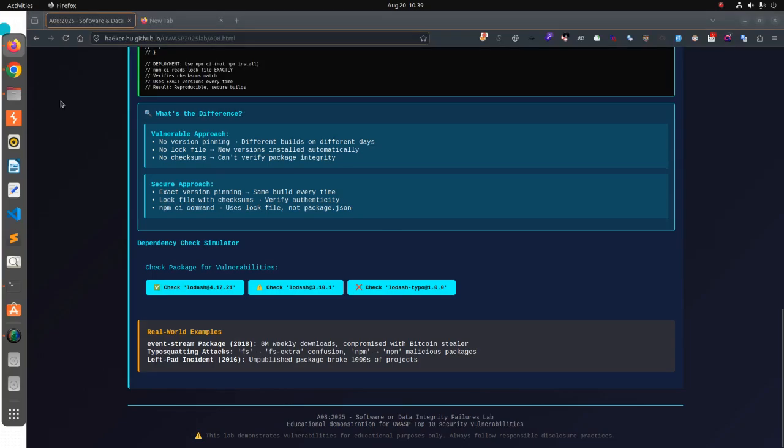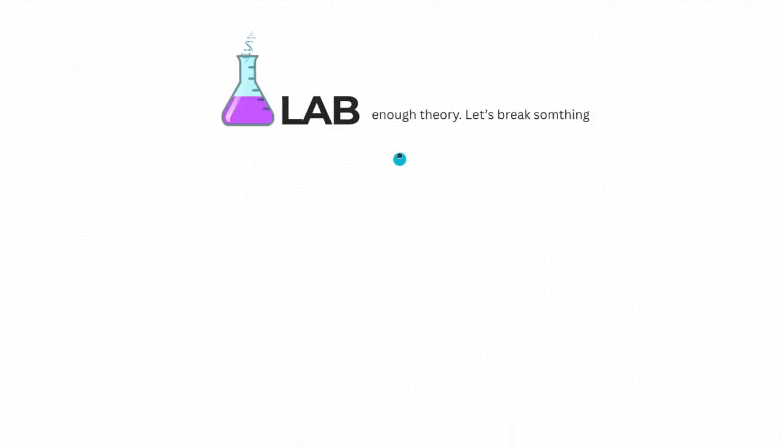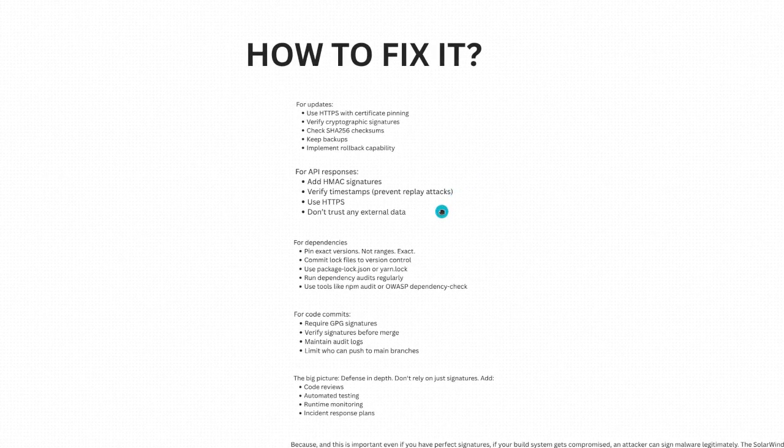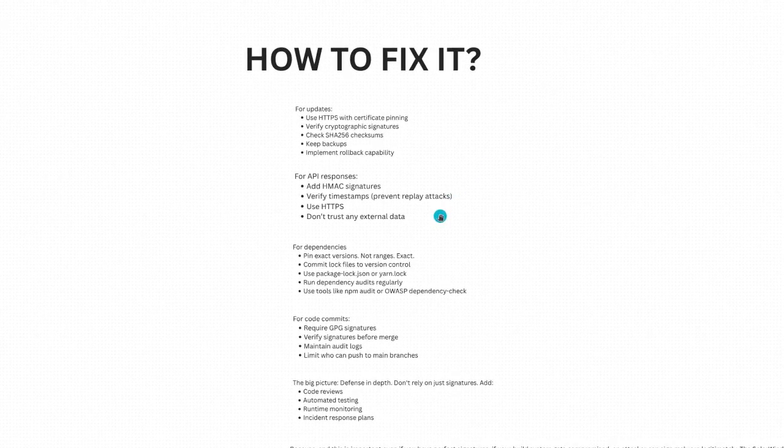So alright, how do you actually fix these vulnerabilities? Because finding them is one thing, but you've got to fix them, right? For updates, use HTTPS with certificate pinning, verify the cryptographic signature, check the SHA-256 checksum, keep a backup, and implement rollback capability. For API responses, add an HMAC signature, verify the timestamp, prevent replay attacks, use HTTPS, and don't trust external data.